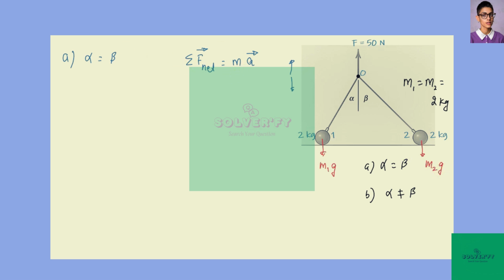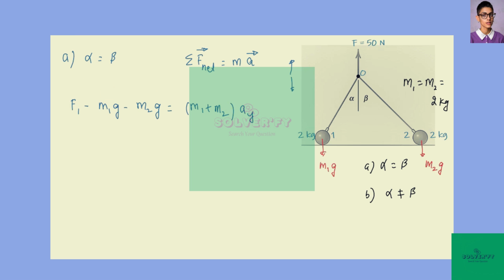Now we can apply this law. So F1 minus m1g minus m2g is equal to m1 plus m2 times the vertical acceleration ay. We have applied this law in the vertical direction, so we have obtained this equation.